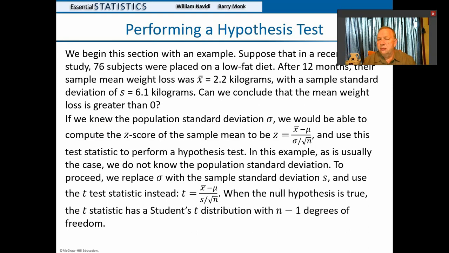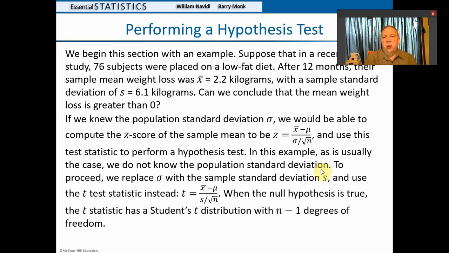For the critical value method, we would use some alpha level of significance. We would find the critical values and compare the test statistic. Were we in the rejection region, the tails, or the fail to reject region in the middle? We always reject or fail to reject H0, the null hypothesis, the one with the equality.